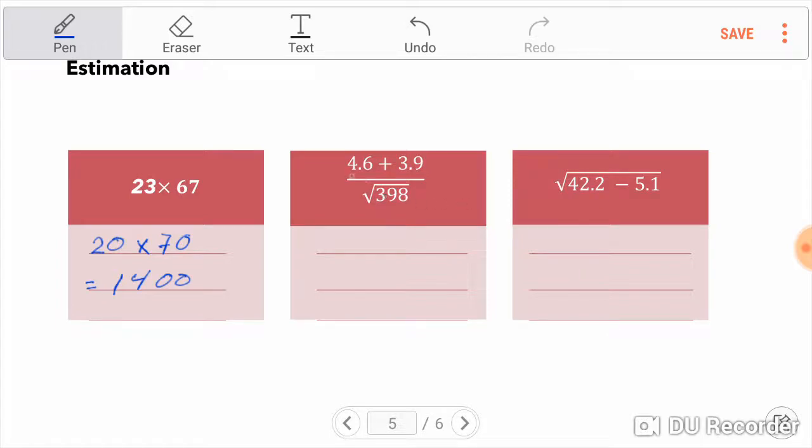Now here, the first significant figure is 4 and the next digit is 6, more than 5, so 4 becomes 5. 3.9 becomes 4.